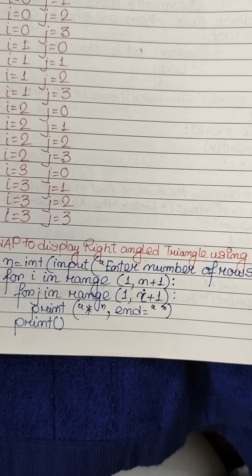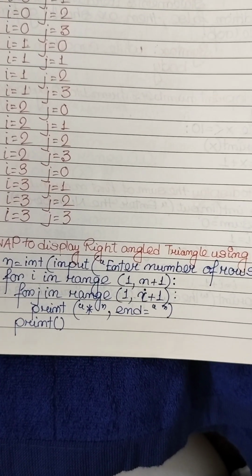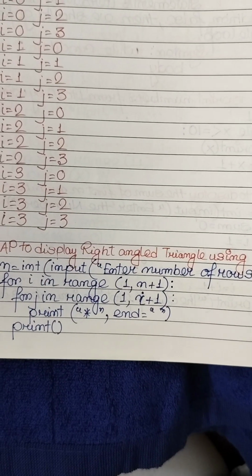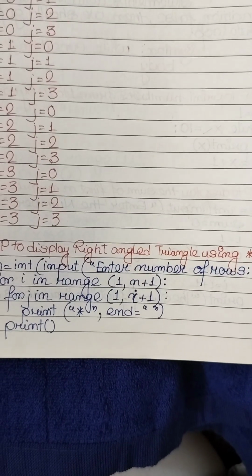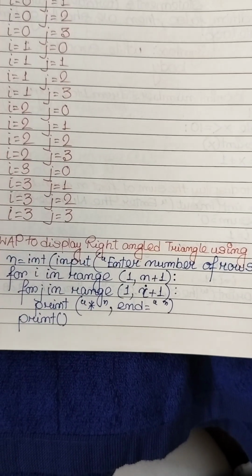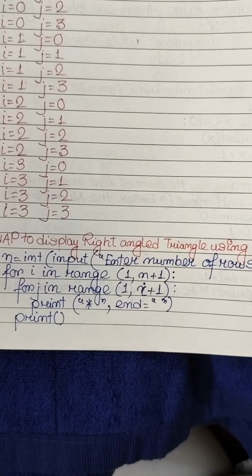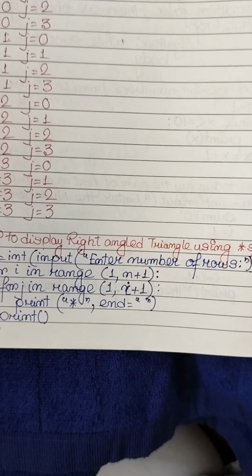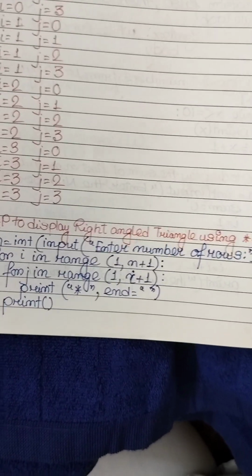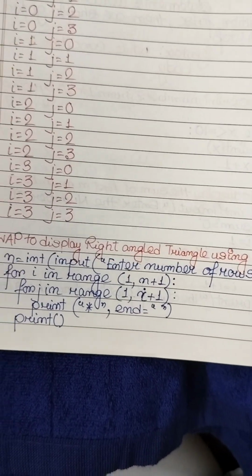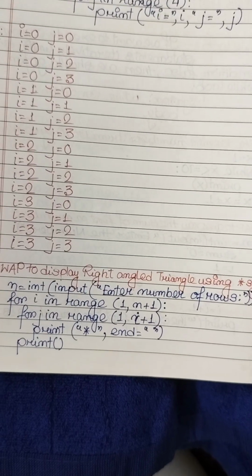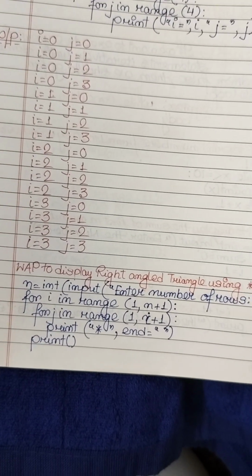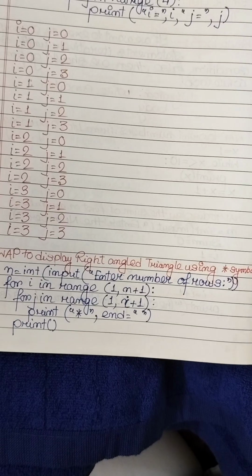In the first row I have printed 1 asterisk, in the second row 2, third row 3, fourth row 4, and 5 asterisks in the fifth row. If we take 6, then there will be 6 rows. So this is the example on the for loop.